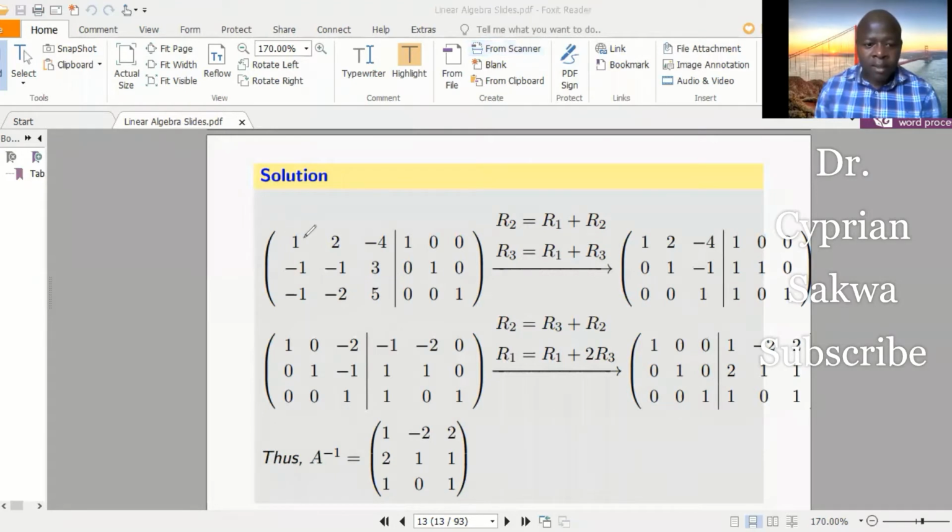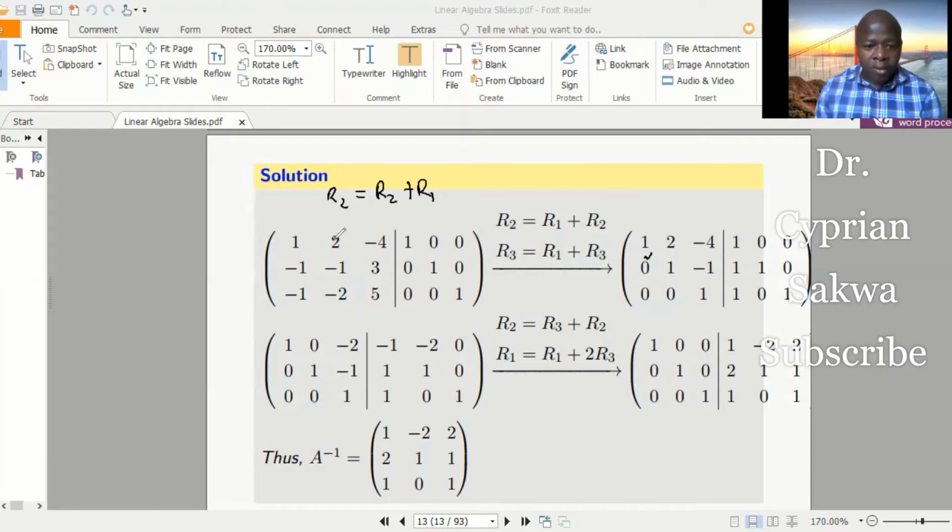So I have this element here, this element 1. I want to use it to have zeros elsewhere in the column, so that this 1 is the only non-zero element in column 1. So I want a 0 here, another 0 here. So what you notice is that to get the new row 2, I'll have to take the current row 2 and add row 1 to it. Let's do that. Row 1 remains where it is. Add row 1 to row 2, you have a 0 here.